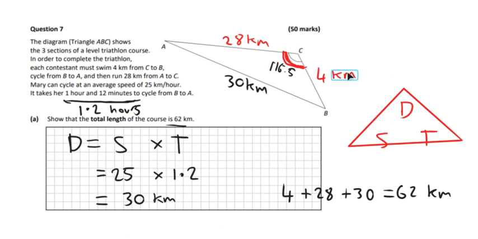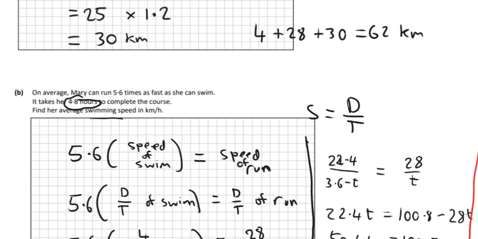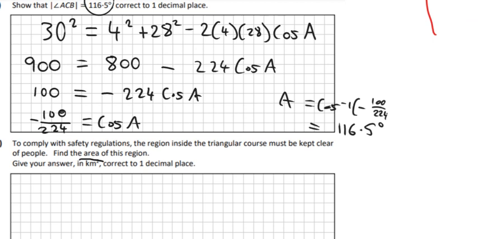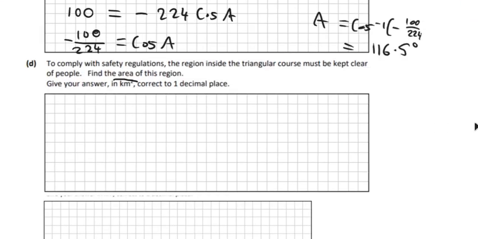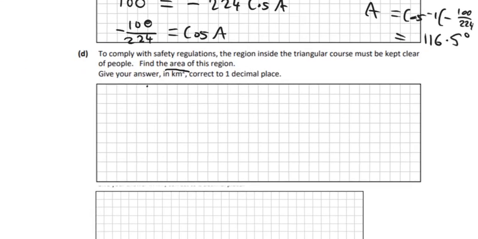So there's a formula there, it's called a half AB sine C. This formula will work out the area of any triangle as long as the angle C is in between the two sides A and B. So you just have to use the two sides that are either side of 116.5 for this.